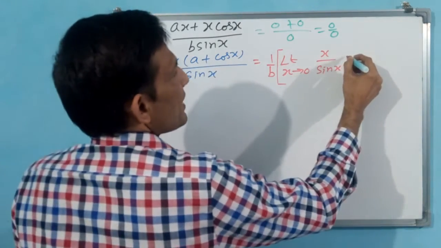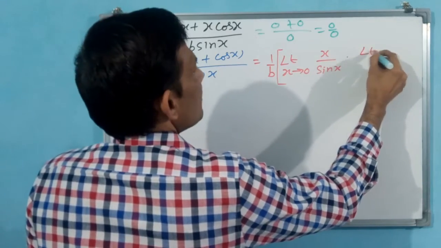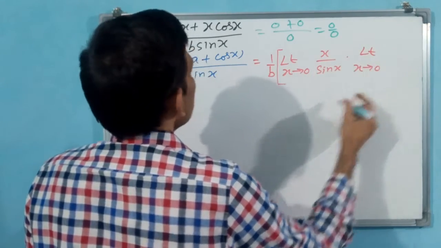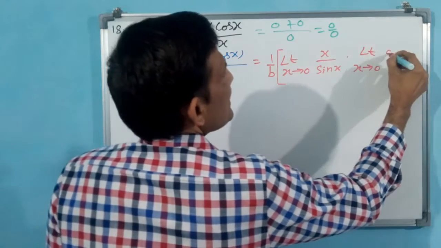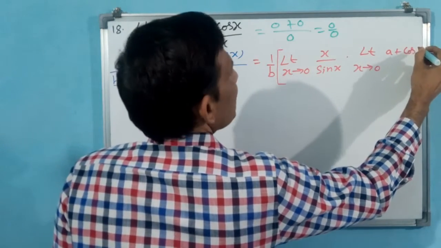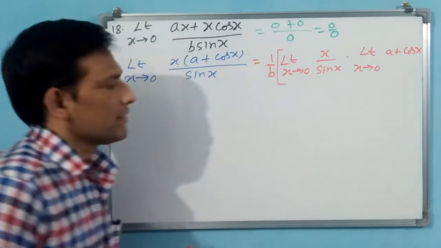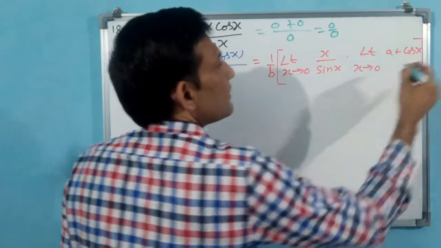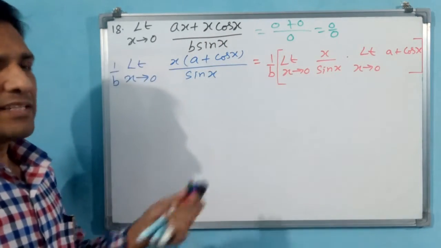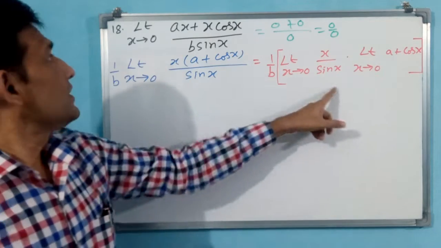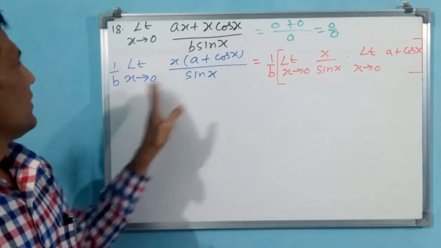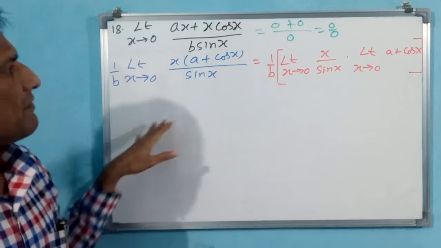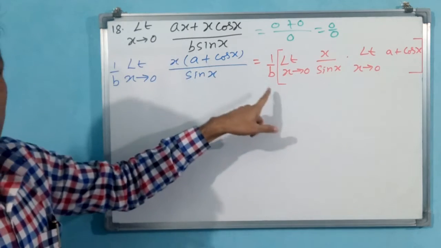You keep it in your mind. That means into limit x tends to 0, a plus cos x. I am closing this bracket. I have forgotten to put the limit. Afterwards I will put it, but you have to keep the limit also.